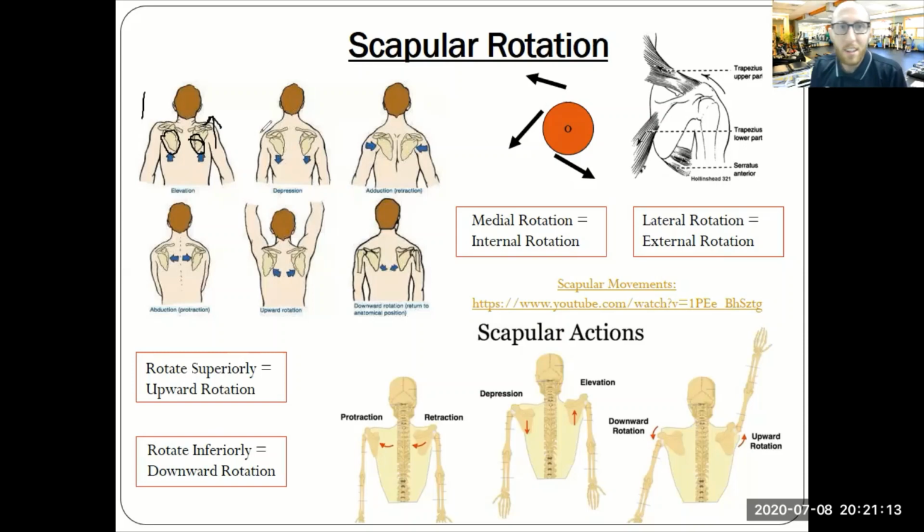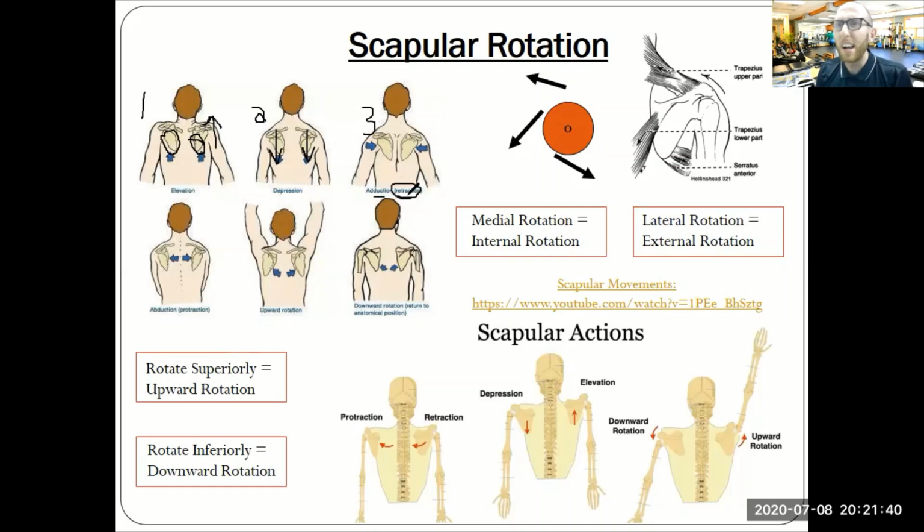The opposite of that, number 2, depression. Depression is lowering the scapula, bringing them down. Oftentimes when you start up here and you relax, that's placing your scapula in a depressed or neutral position.